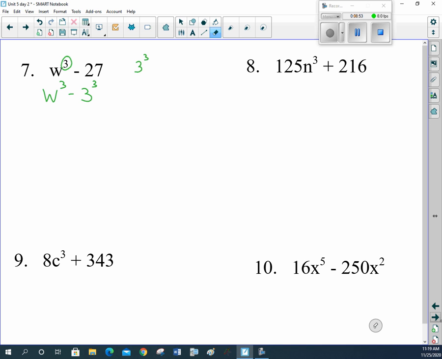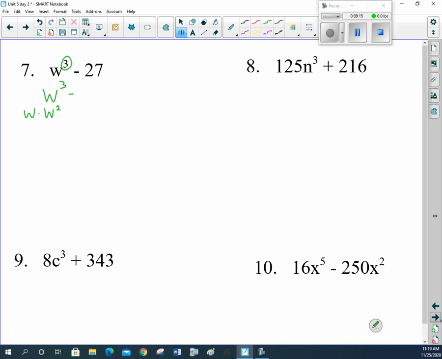Okay, so how we're going to factor this, we're going to do this with guess and check, just like we've always done. w to the third, though, doesn't break apart evenly. It's got to go w times w squared. Okay, and then 27, we have factor pairs of 27.